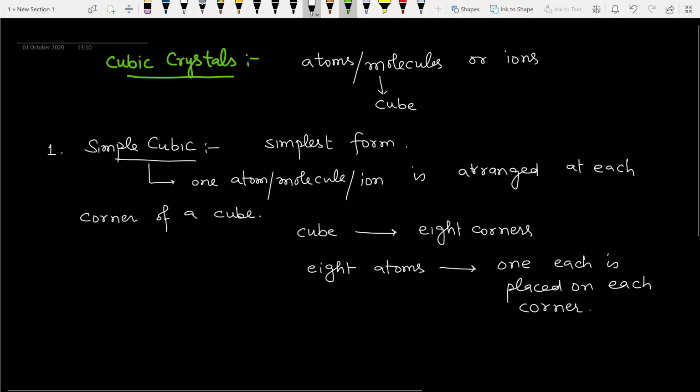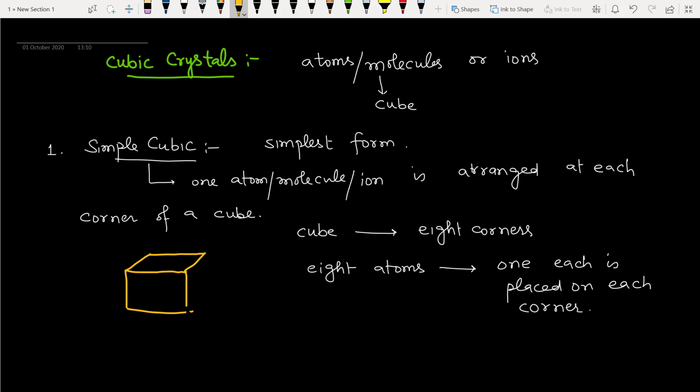So if we depict it diagrammatically, supposing this is a cube, this will be a simple cubic structure if atoms are arranged at each corner.